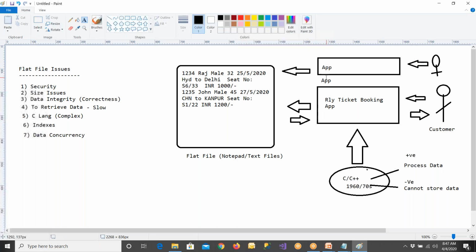What happens if this guy is writing? Let us understand, this guy is trying to write something. If this guy is writing, this other guy has to wait, because more than one guy is trying to book tickets at the same time. Storing the same data at the same time is impossible if this guy is using it, and definitely this guy has to wait.